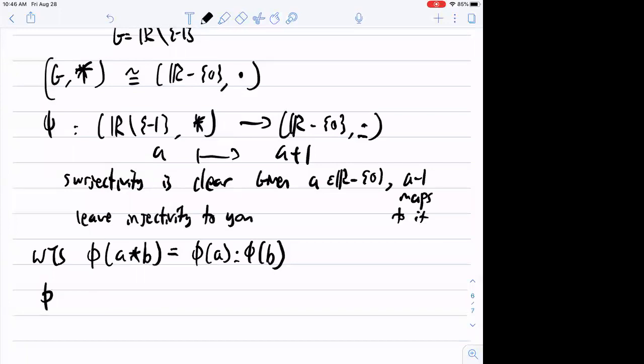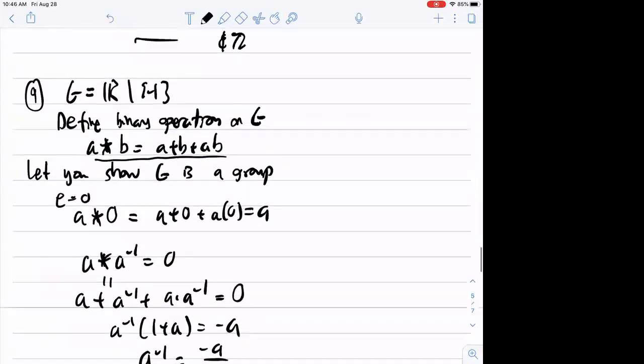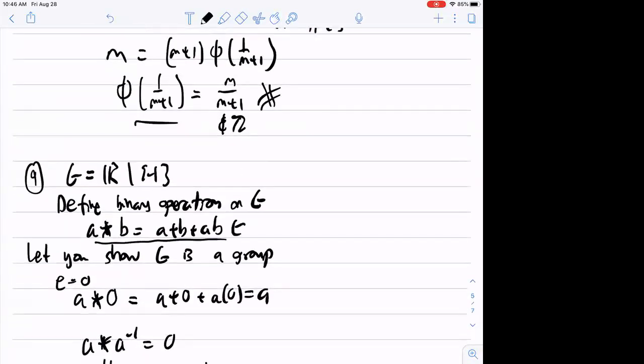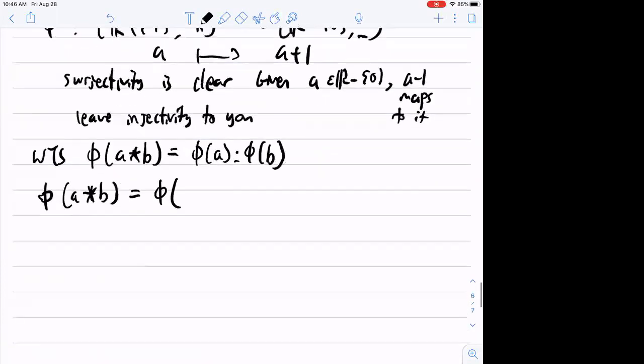So let's figure out what phi of A star B is. A star B, by definition, is that weird operation: A plus B plus AB.